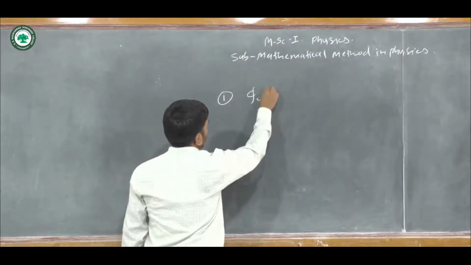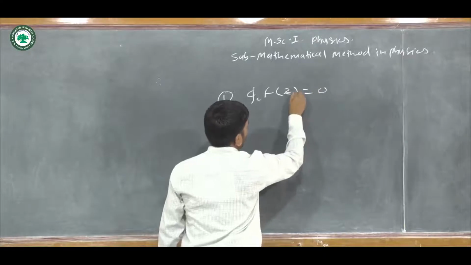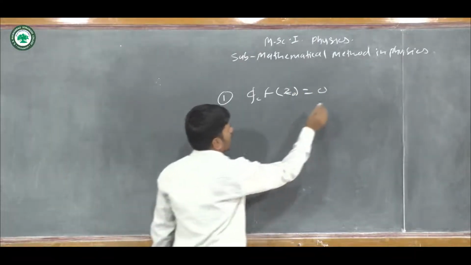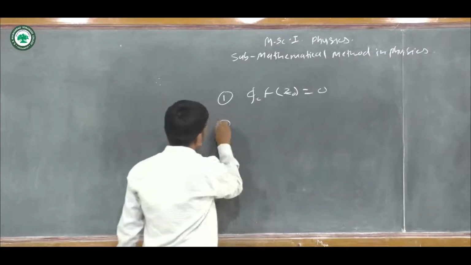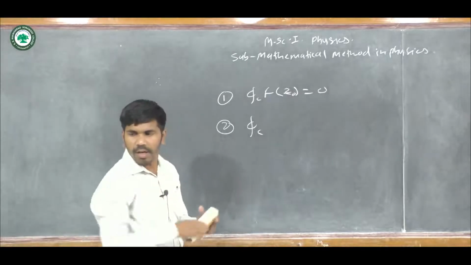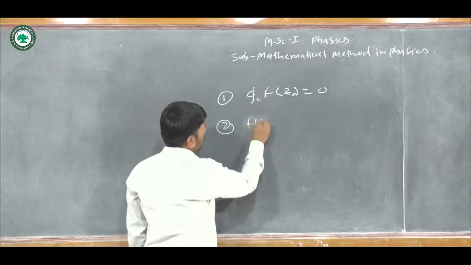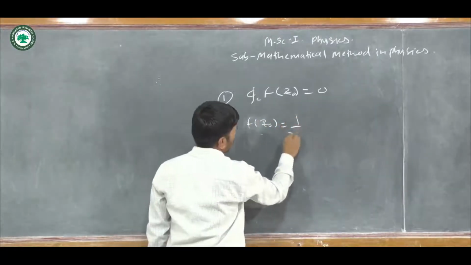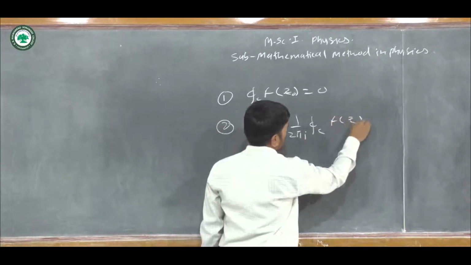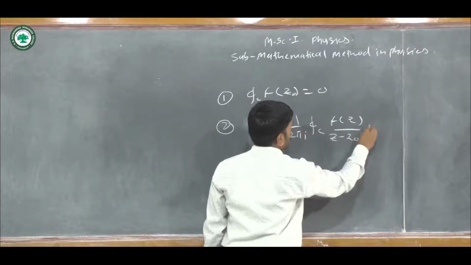Closed integral over C of f(z) naught is equal to 0. This is one. Or second one, closed integral f of z naught is equal to 1 by 2 pi i closed C f of z divided by z minus z naught dz.